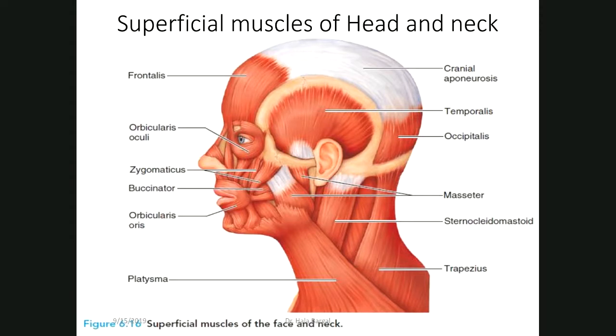Then we have the zygomaticus major muscle. This zygomaticus major muscle is responsible for smiling on one side, right? So let us repeat. We have first the occipitofrontalis, which is responsible for wrinkling of the forehead.